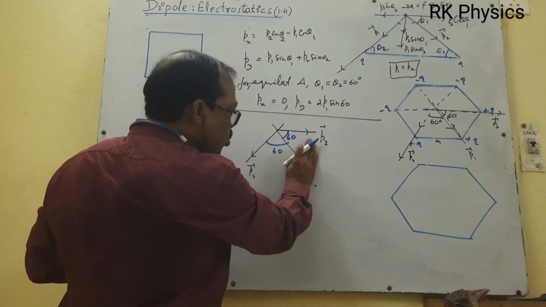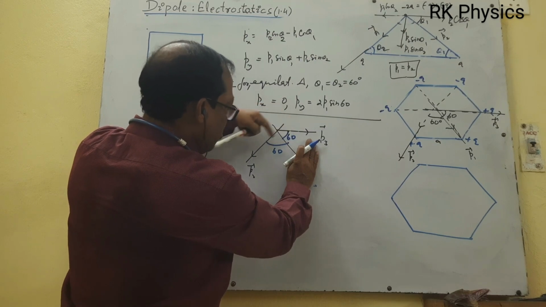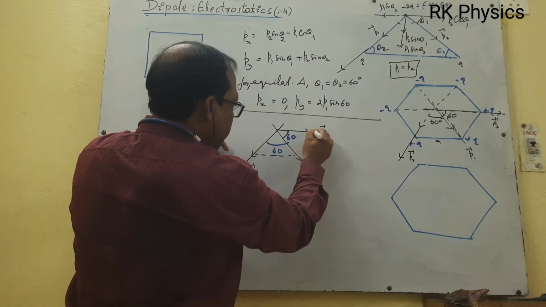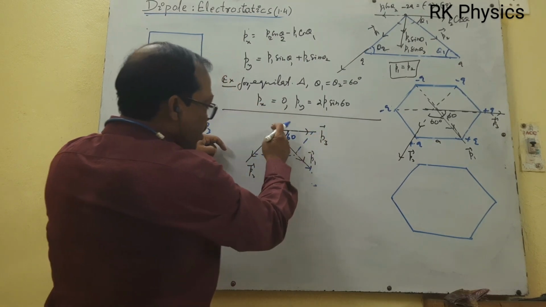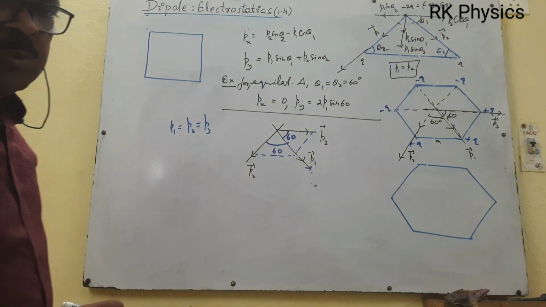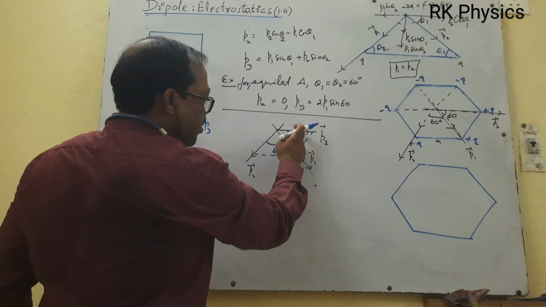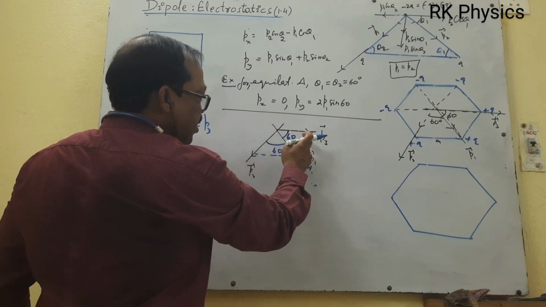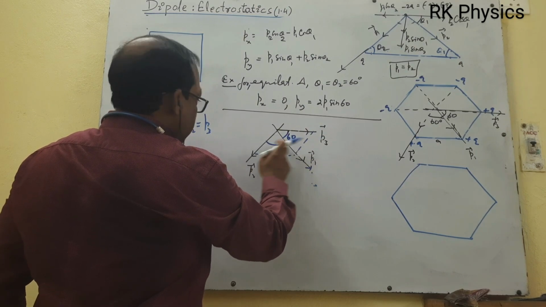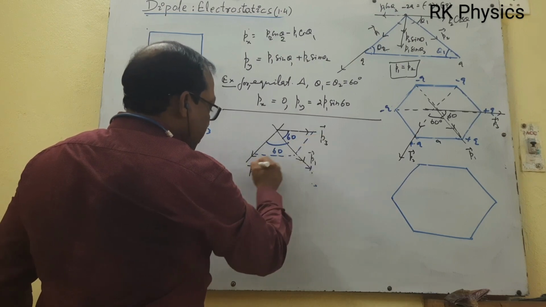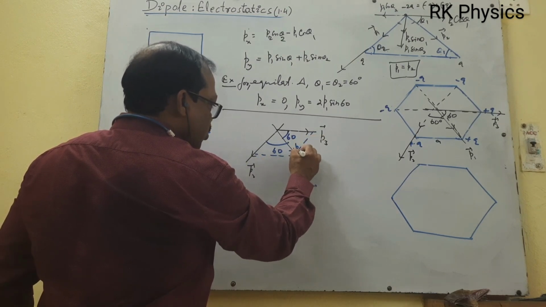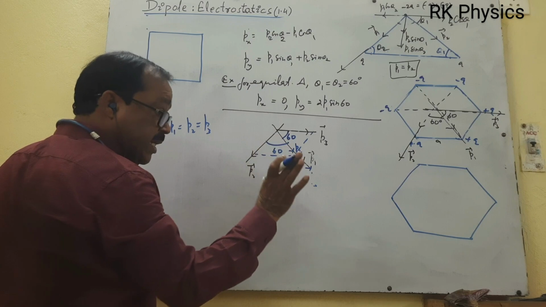You leave out p1. These two represent two sides, then you draw a parallelogram. Now the parallelogram is a rhombus. This diagonal is equal to one of the sides because this is 60. So the resultant of p2 and p3 is again equal to either p1 or p2 in magnitude.